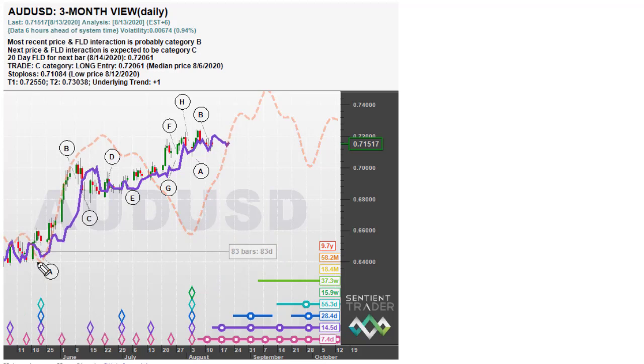Let's consider something else about this analysis. Look at the composite model line, which matches price action fairly well up until the beginning of June. But since the beginning of June, the composite model line has been moving down and the Australian to US dollar has been moving up. You have a direct contradiction. Why is that?